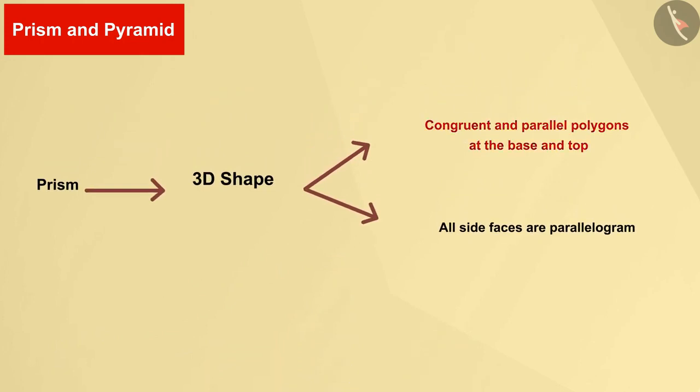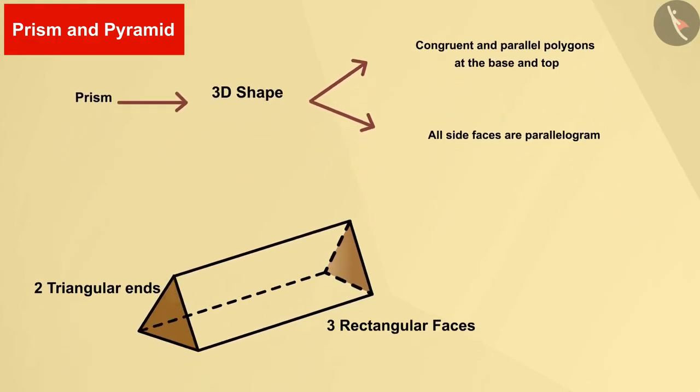This says that the base and the upper end are congruent and parallel. The base and upper end of this shape are congruent and are parallel. Also, by definition, we know that all side faces are parallelograms. Side faces in this figure are parallelograms. That's why it is a triangular prism.